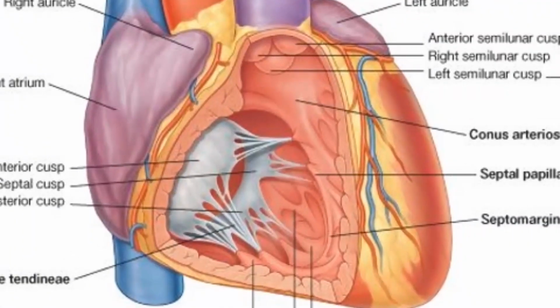So here in this picture, the wall that has been removed, so we can see the interior, is called the anterior wall. This little edge of the anterior wall is the part that's been cut out, so we can see the chamber of the right ventricle. Now here is the septal wall, and then here is the inferior wall, which is actually a little part of the diaphragmatic surface of the heart.